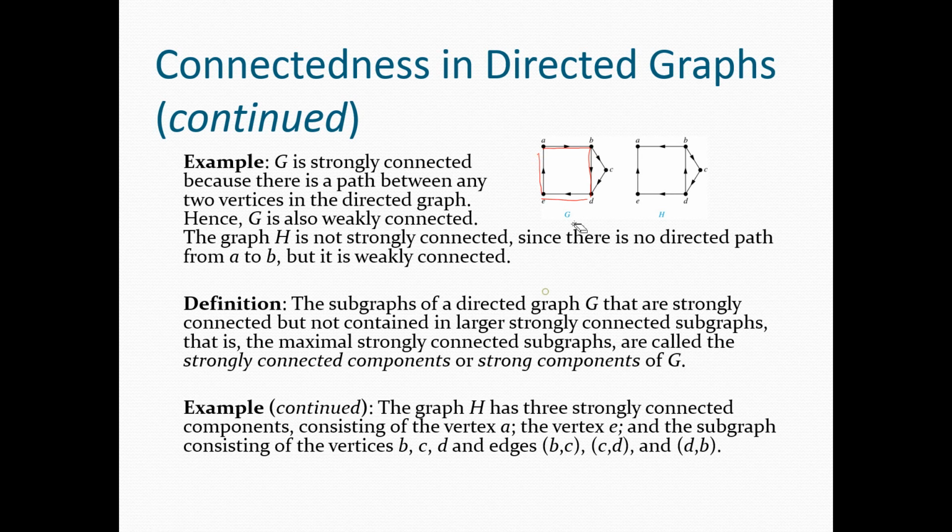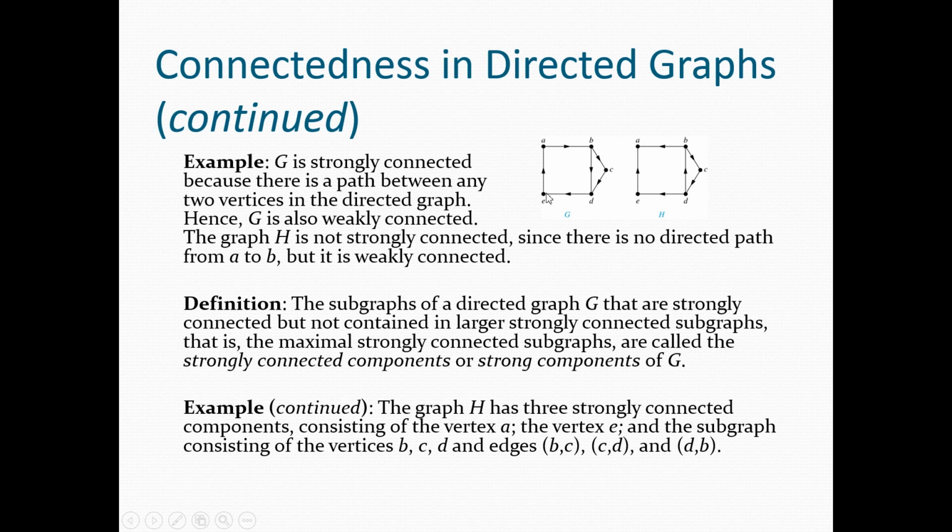Similarly, let's try a path from B to E. Yes, we have a path from B to E. So what about E to B? This is the path from E to B. So you can check for all the pairs. So G is strongly connected.